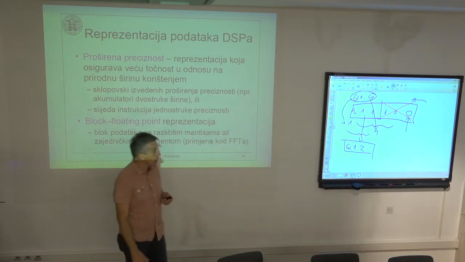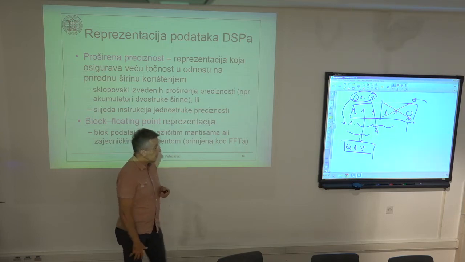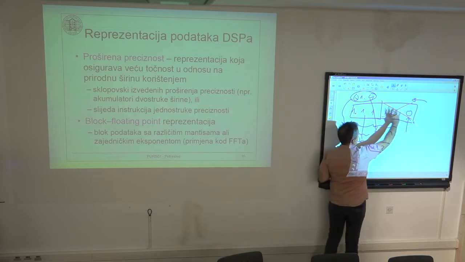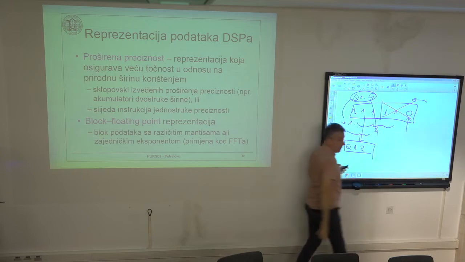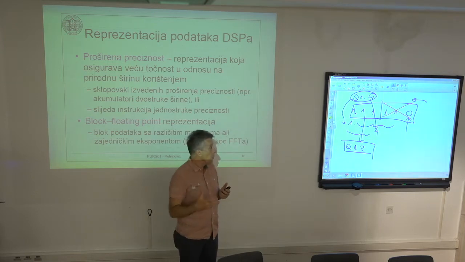The alternative to this is rounding. So instead of simply rejecting the lower word, I can check whether this lower word is greater or equal to half, 1/2. So if this first bit is set, then this fractional part is at least equal or larger than 1/2.